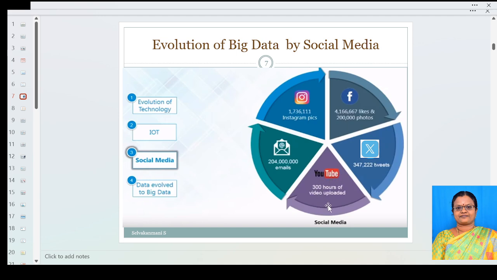On YouTube, 300 hours of videos are uploaded every day. And on Instagram, 17,36,111 pics are uploaded every day. All this information is data which has been shared among others, and across other media also.